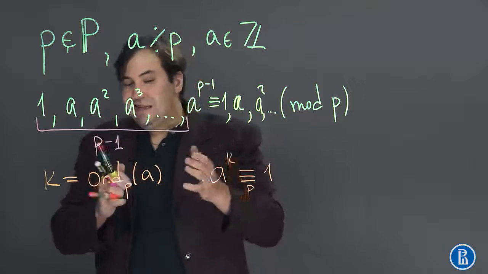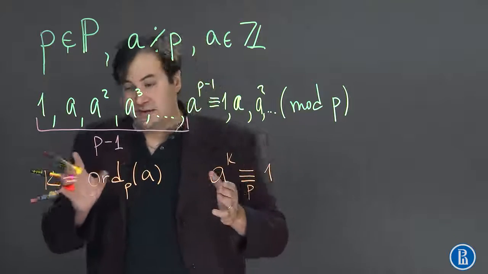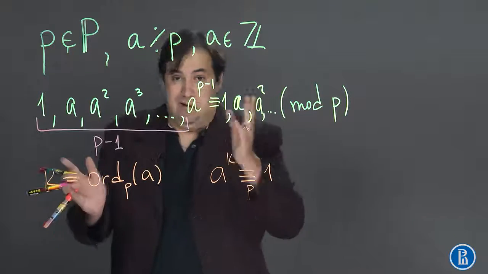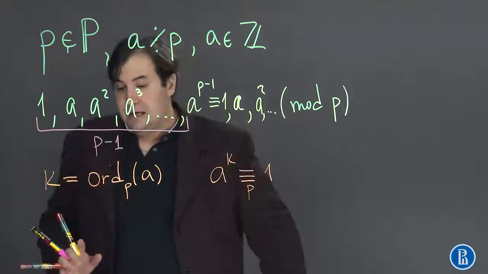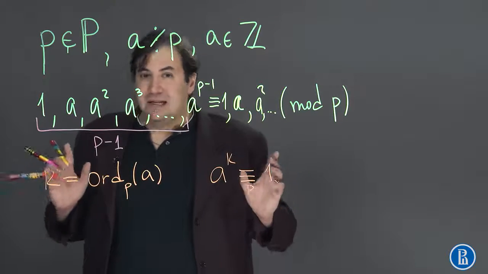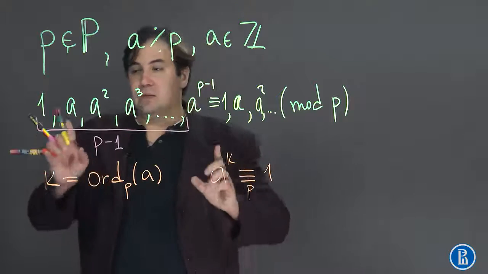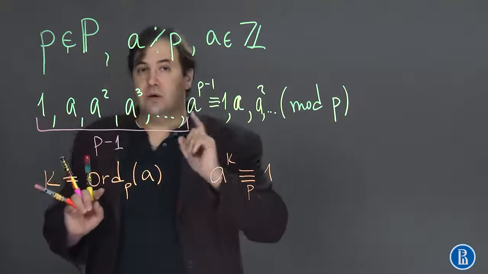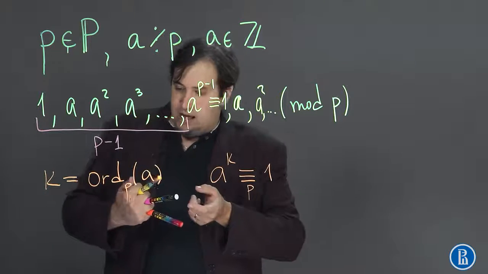It can occur that K is equal to P minus 1. It is possible. But K is for sure not greater than P minus 1. So maybe one of these elements is also congruent to 1 modulo P.